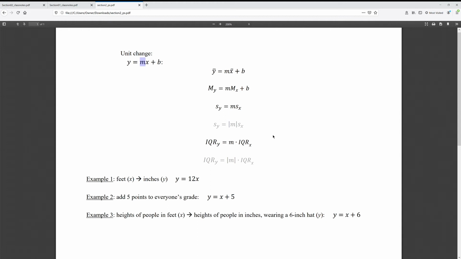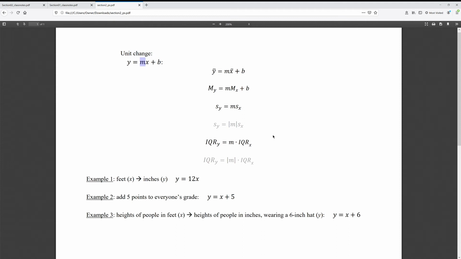A couple examples come to mind. If you have points off on the exam, let's say it's 100 points, to actual grade on the exam, right? y equals 100 minus x. 5 points off, 95 on the exam. 1 point off, 99 on the exam. 10 points off, 90 on the exam. y equals 100 minus x.